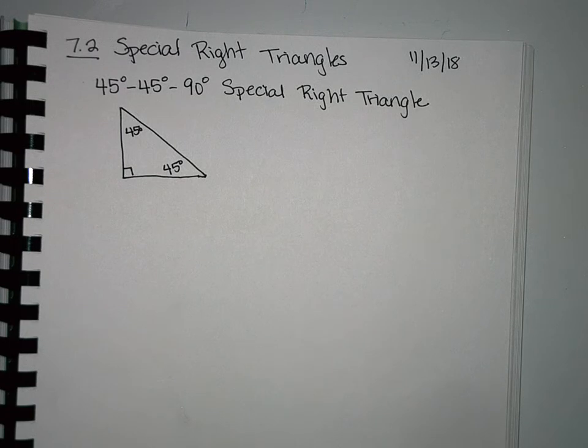So the 45, 45, and 90 refer to the degrees of your triangle. When you have a triangle with two 45-degree angles and a 90-degree angle, you have a special triangle. Now what makes it special is how the sides relate to one another.